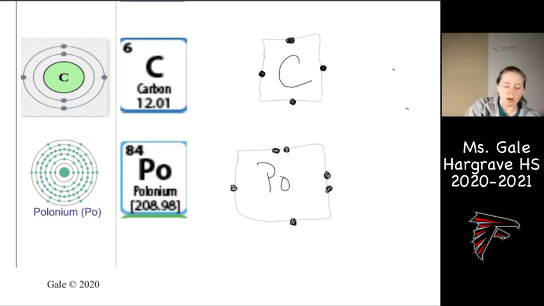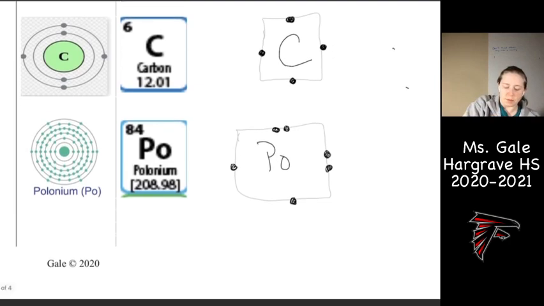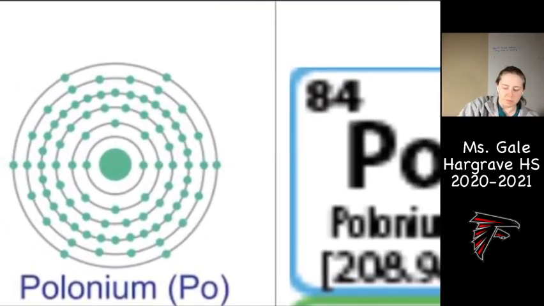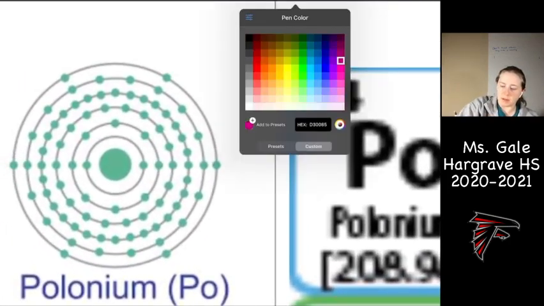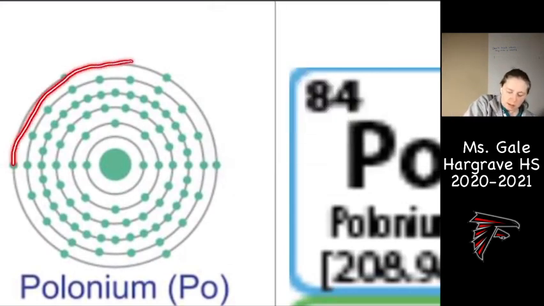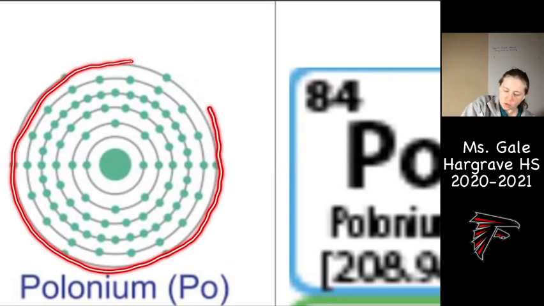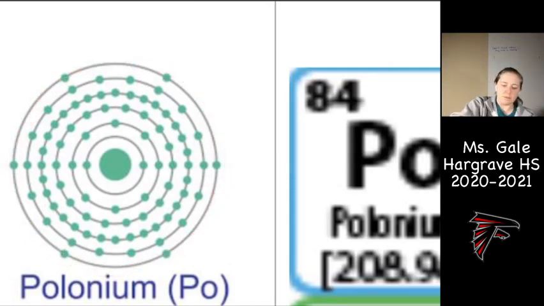Let's go and check on our Bohr model real quick and see if we did this correctly. Our valence electron shell is this outer ring. Ooh, right there. No, let's count them. So we have 1, 2, 3, 4, 5, 6. Hooray, we did it.